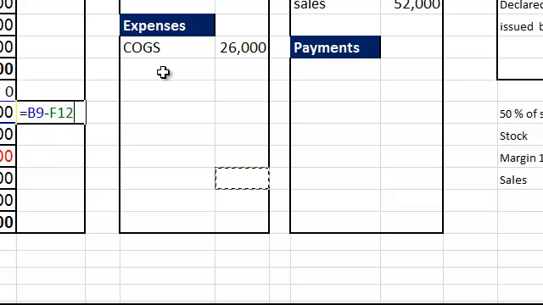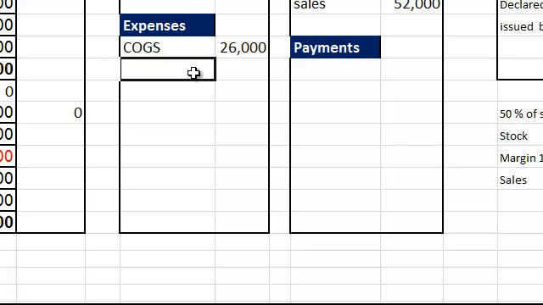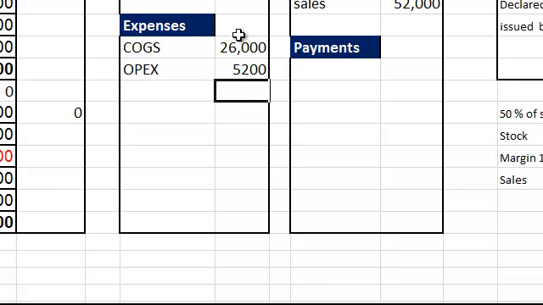Operating expense for the period is 10% of sales. So OPEX is equal to 52,000 into 0.10. Let us assume that this has also been paid, so it is an outflow of cash.